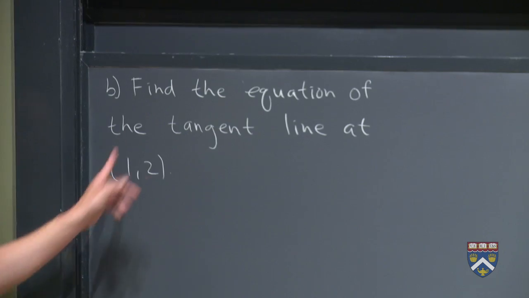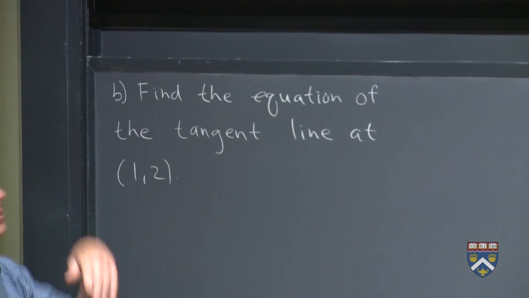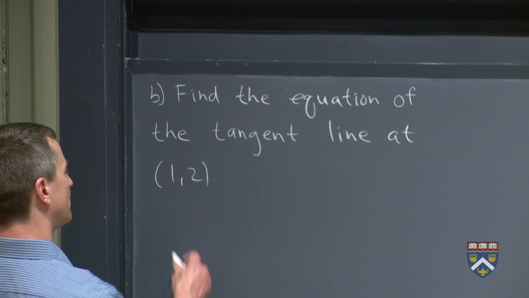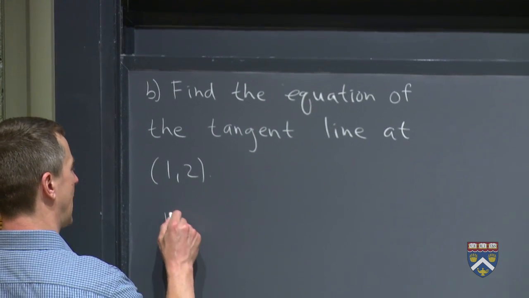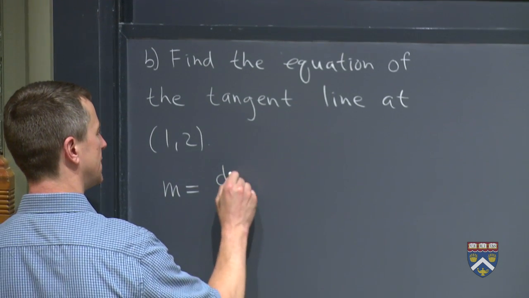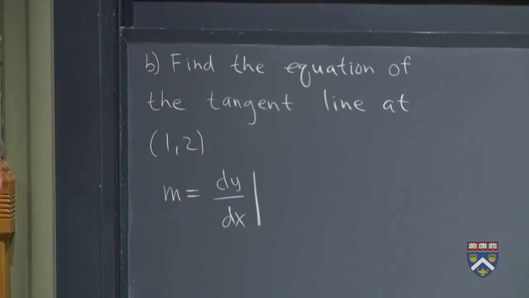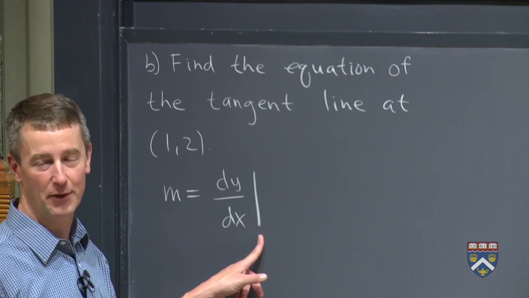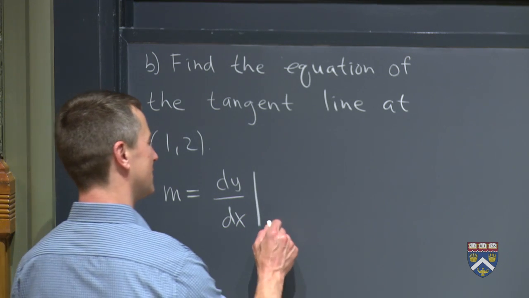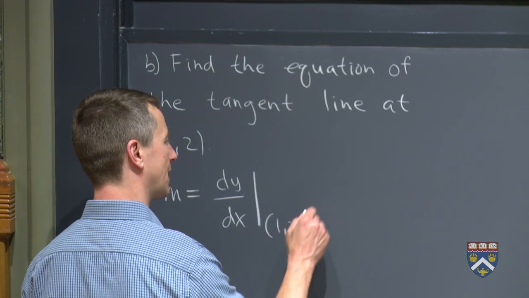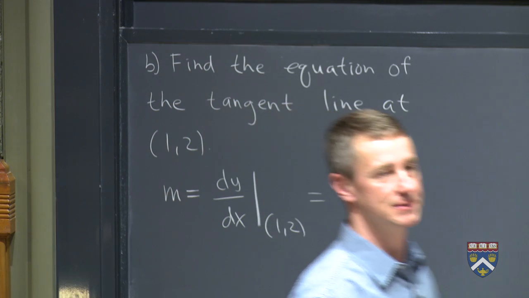So part B, find the equation of the tangent line at the point 1, 2 that we just wrote up there. So first we need to find the slope, m, which is dy dx. It's been a while since we used this, but remember this back in week 4 for evaluating Leibniz notation? Dy dx evaluated at 1, 2. That's how we would write this formally.